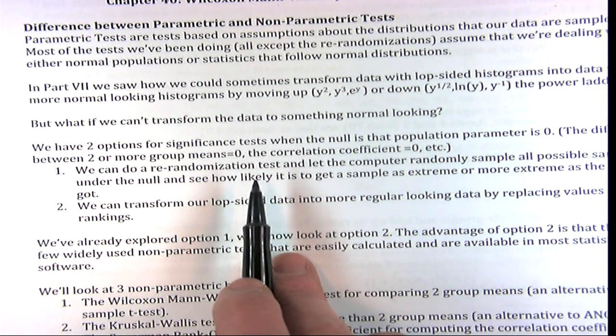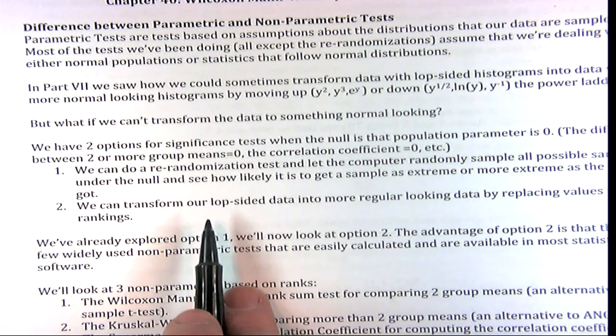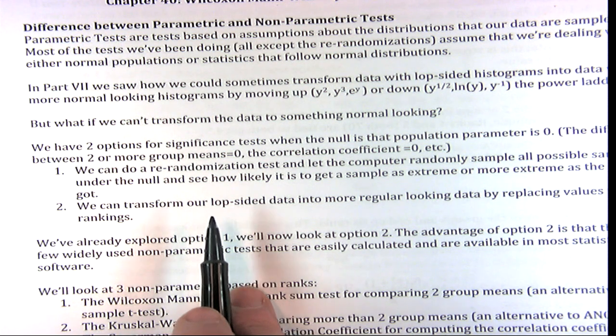We've done that a bunch of times, where you just scramble up the numbers and randomly assign them to each other, or randomly assign them to two groups, and then we compute p-values that way. But there's another option: we can change our numbers, whatever they are, to rankings, which are always uniformly distributed.